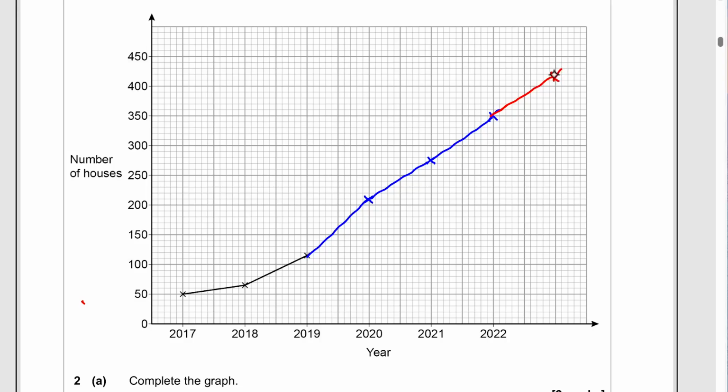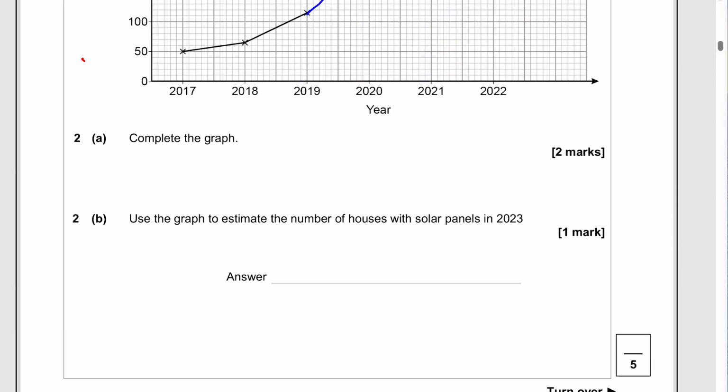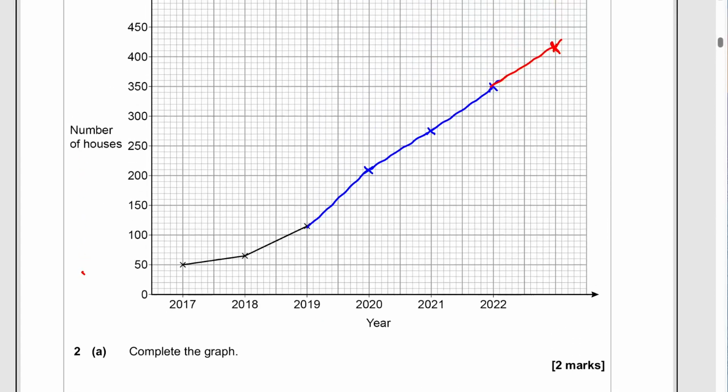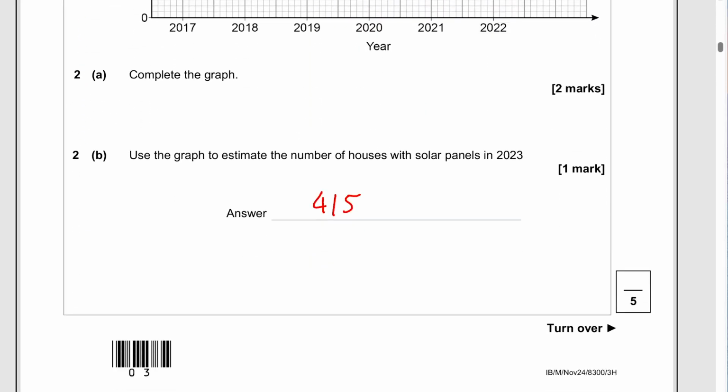So that's following roughly the pattern. So from my value we're looking at 415. But provided you're following that pattern, there'll be a large range of values that are acceptable, realistically probably anything between arguably 350 and 450, but I'm going to go 415.